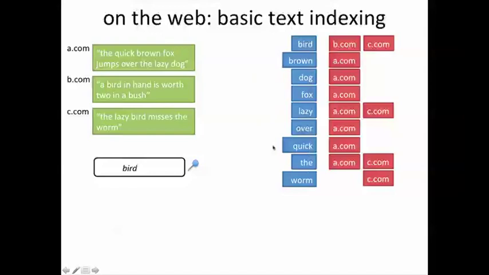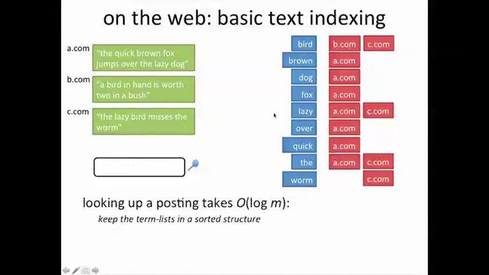So assuming some sorted structure, such as a binary tree, which you may have studied in your data structures courses, is used to store all these words, then looking up a word takes log m time. In fact, you can do a little bit better if we use hash tables, but we won't go into that in detail right now. But it's not enough to just look up the words in your query.